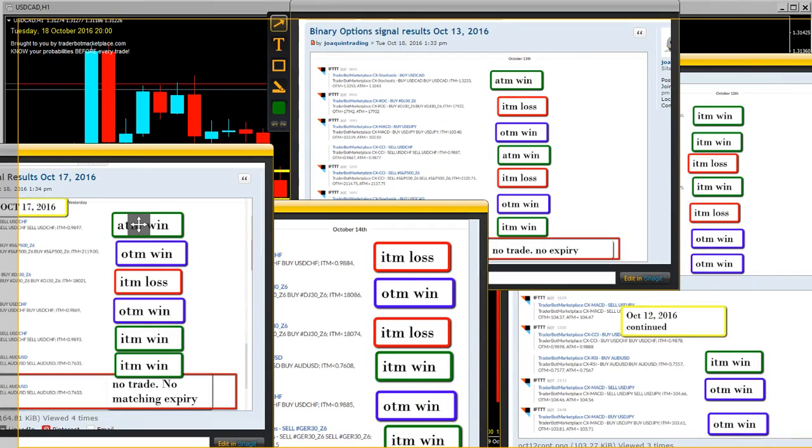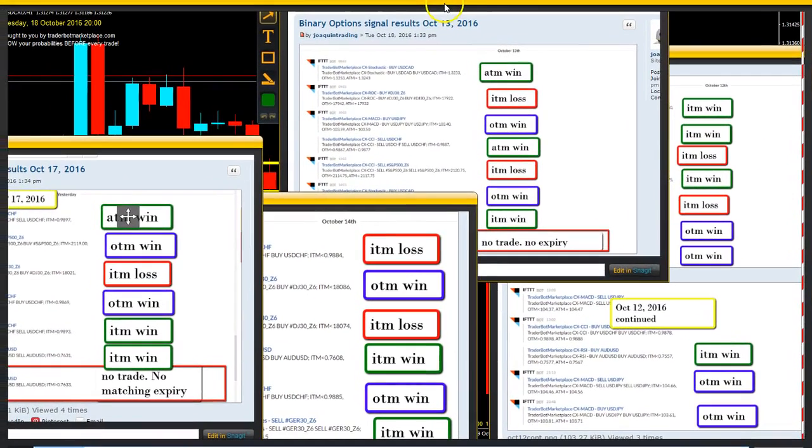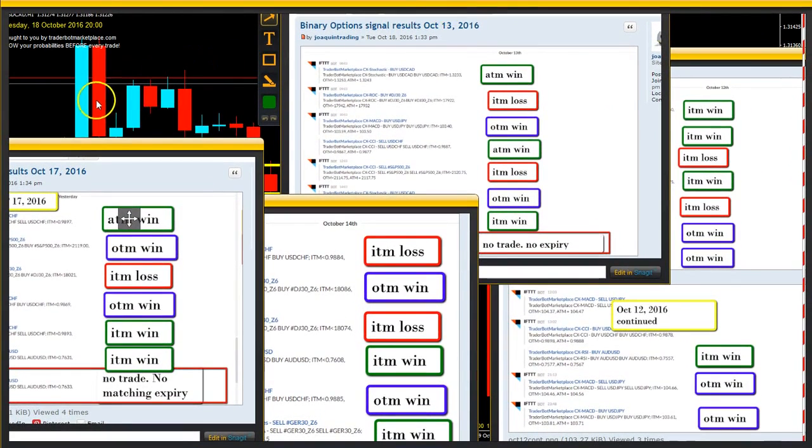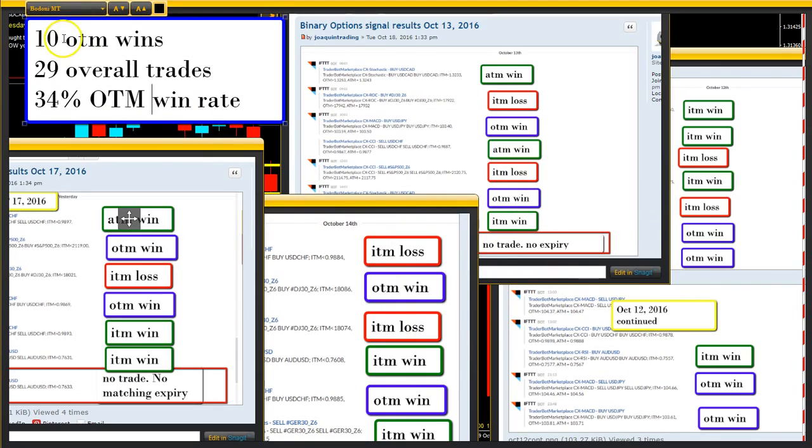How many OTM wins are there? Count them. There are 10 OTM wins out of all of these. How many trades overall? You can see right here that there's a 34% OTM win rate. There's 29 trades overall over the past 4 days.